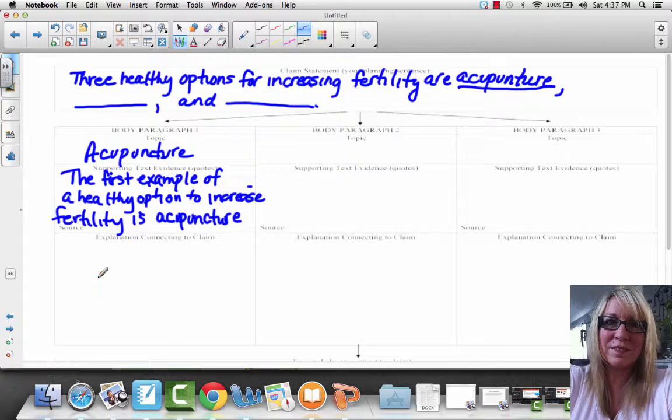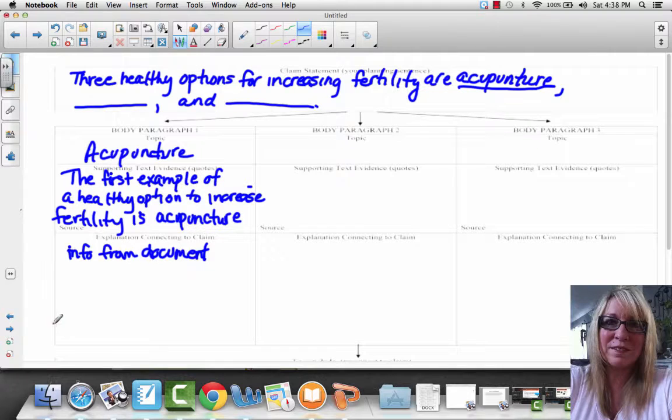So an example might be, this example shows that acupuncture is a healthy option to increasing fertility because. And then you're going to tell me why. So you're going to put information. I'm just going to put info from document because you're going to go back and you're going to do that.